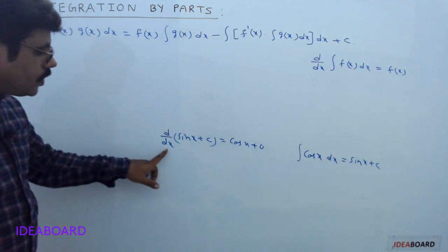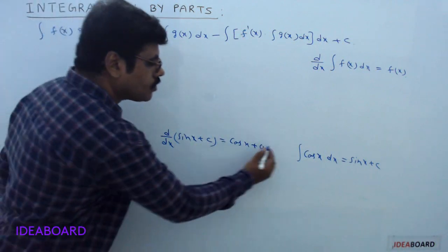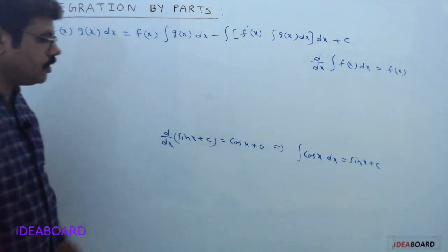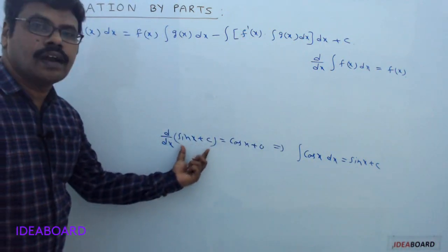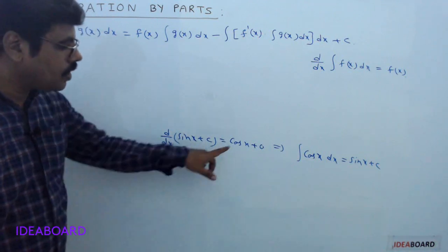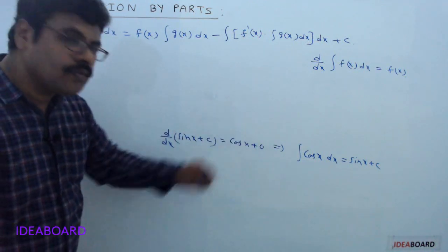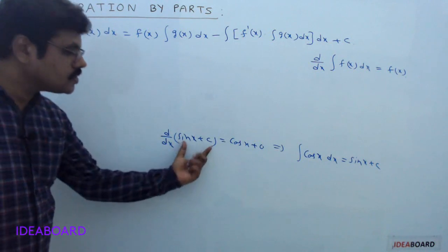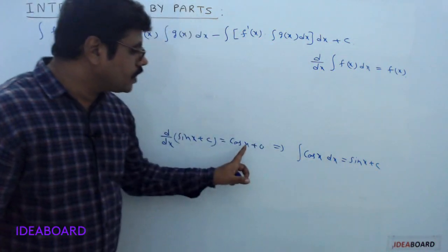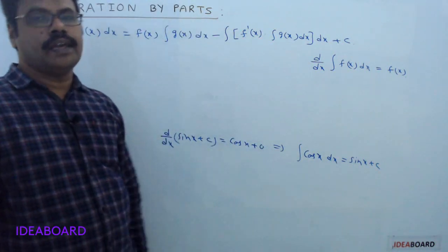So, if the derivative of sin x plus c equals cos x, then sin x plus c is called antiderivative of cos x. It can be written as sin x plus c equals integral cos x dx.